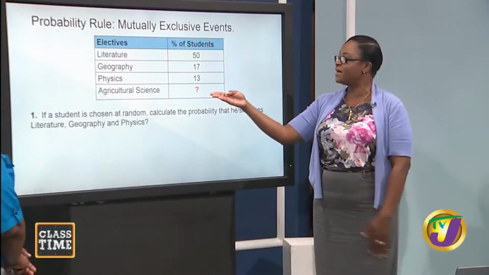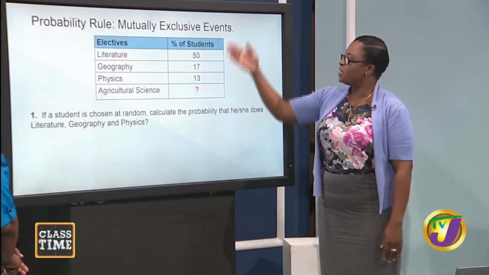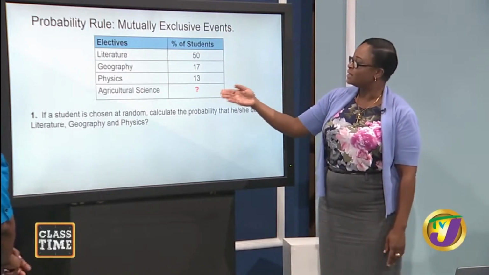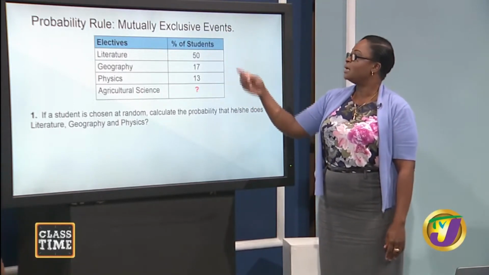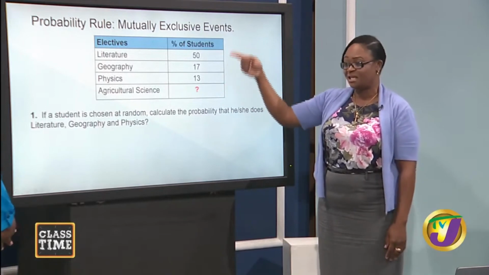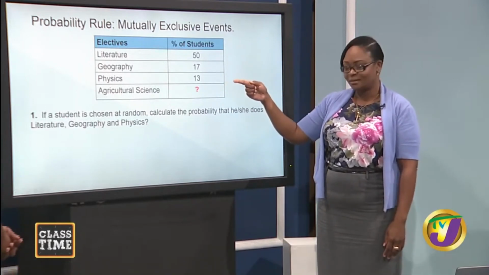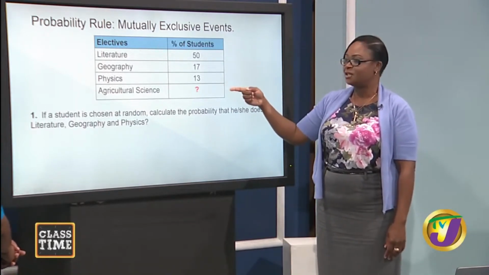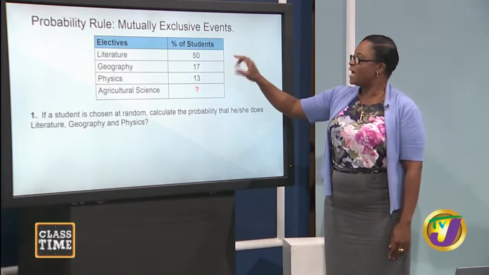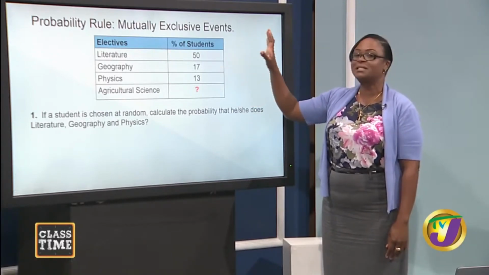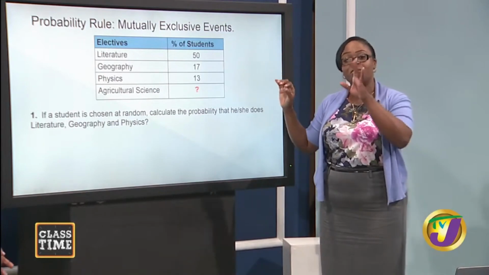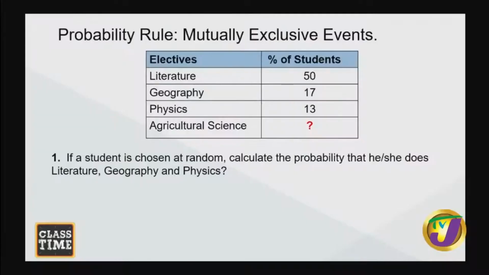First, we have to identify the total. Address the question mark. So we were given the total as a percentage. Good. So if we had 50% added to 17%, added to 13%. Now this is for you to do on your own. What we're doing is walking you through.